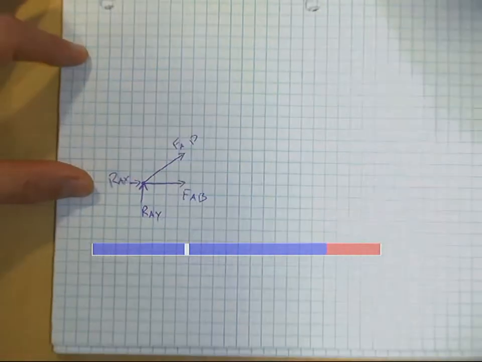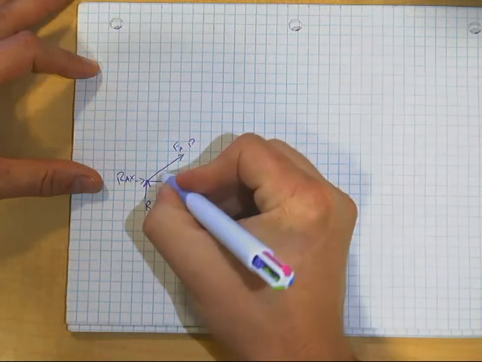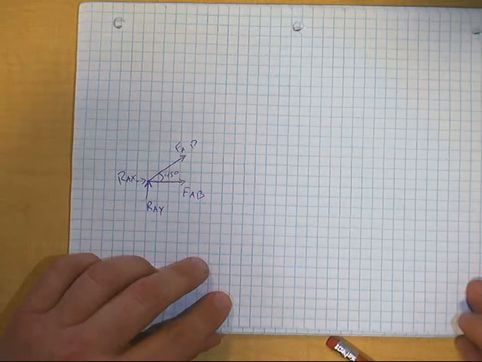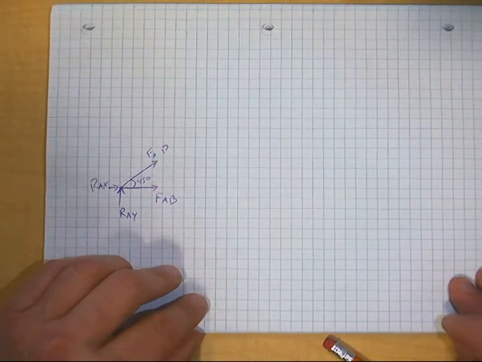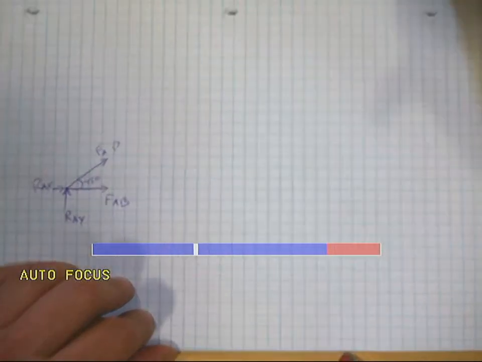Now we go back. We know RAY, actually we don't, and we know this is 45 degrees. Now let's look at how we're going to solve. Our strategy is to sum the X and Y forces.